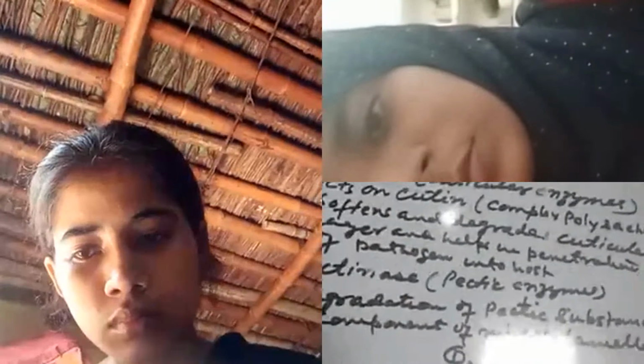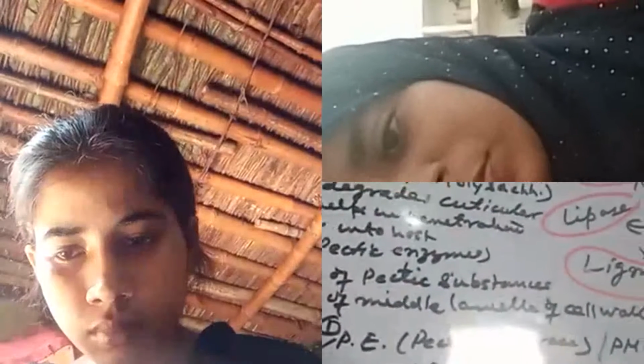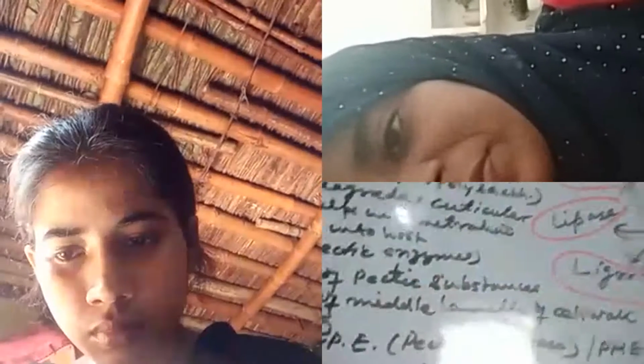This pectic enzyme in turn is of two types: pectinesterase, that is PE or PME, pectin methylesterase, and the second one is PG, which stands for polygalacturonase. What is the function of pectinesterase? It brings about the hydrolysis of the pectin present in the cell wall of the host.